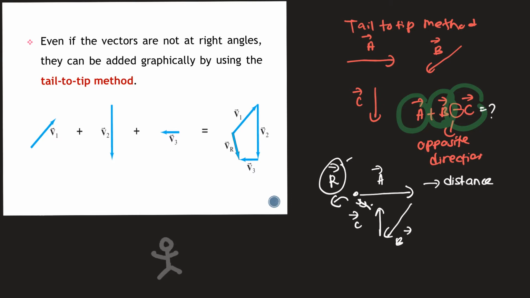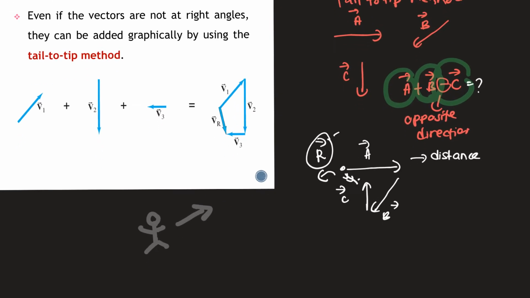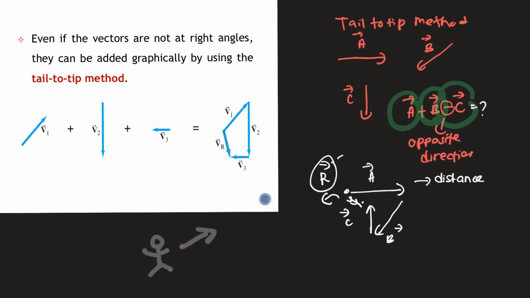This person is being pulled by their fans in that direction, and in that direction, 5,000 Newton with the angle of 40 degree.